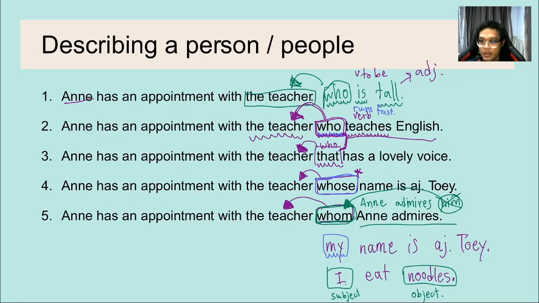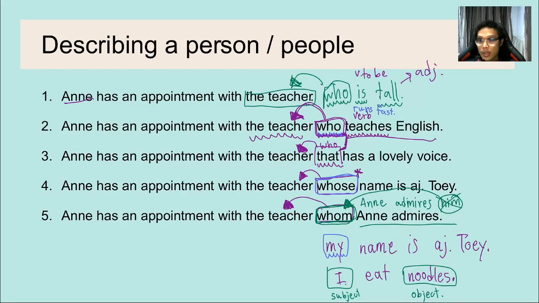Okay, so this is somehow complicated but don't worry. If you get a lot of practice, if you read a lot, if you see this kind of words in movies and series, you get more understanding about these relative clauses. But this is just the very first time that you may get introduced to the topic, so don't worry if you don't understand, or you understand nothing about whom or whose.